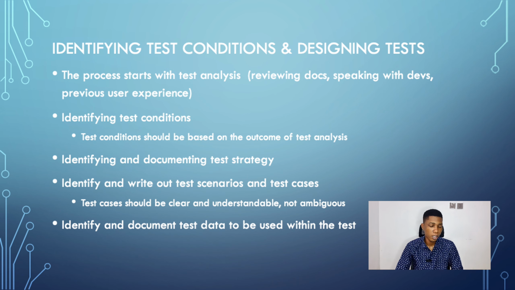Then the test conditions that are chosen will depend on the test strategy that has been outlined for your test. Your test conditions might be based on risk, mitigating risk.